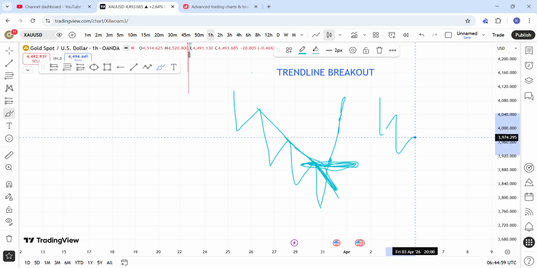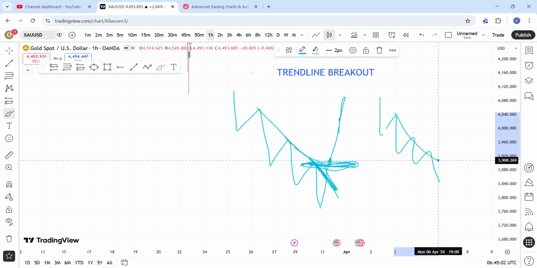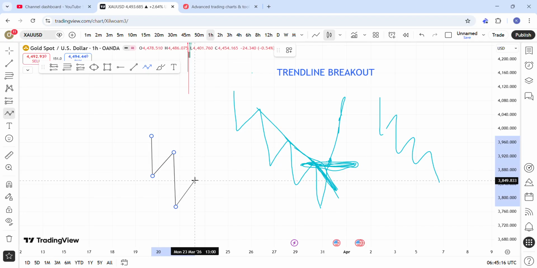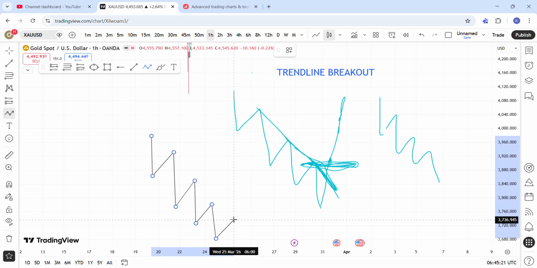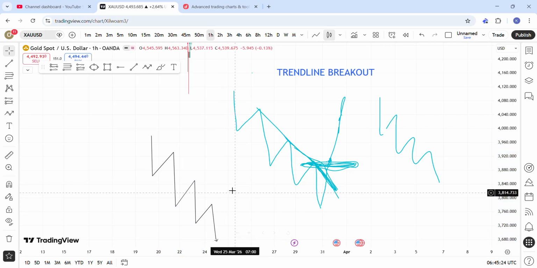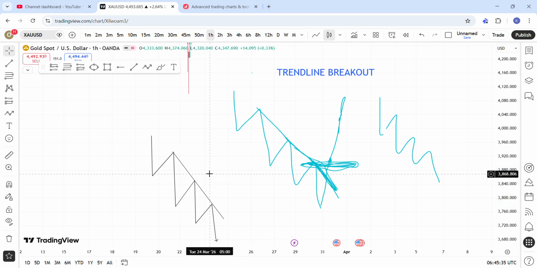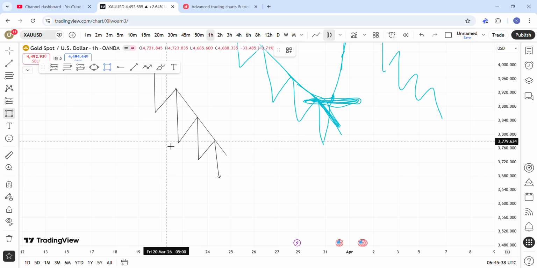Same trend like so. Then I now said this zone is paramount.